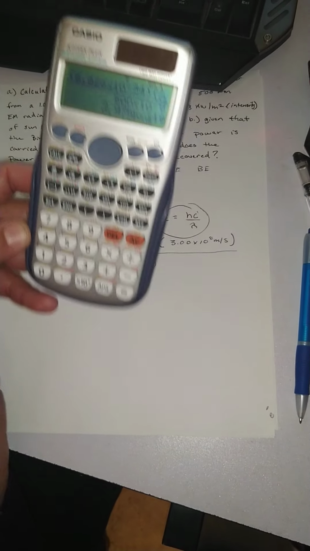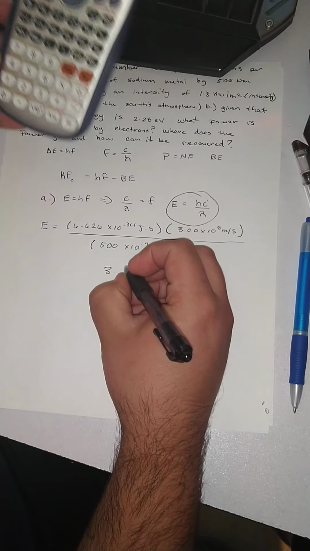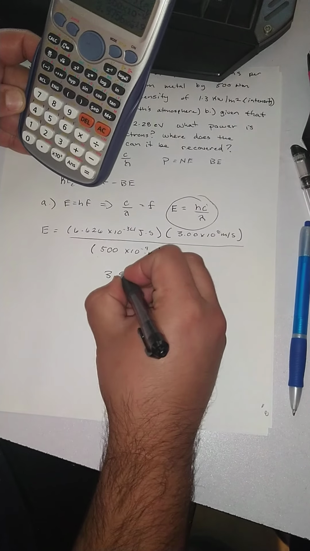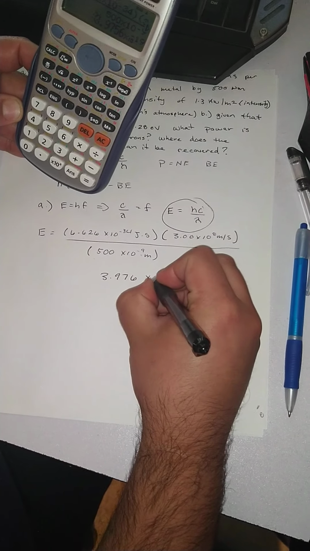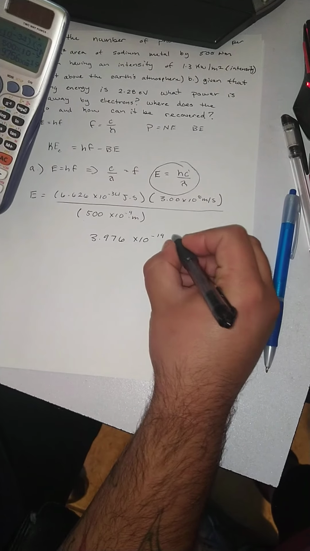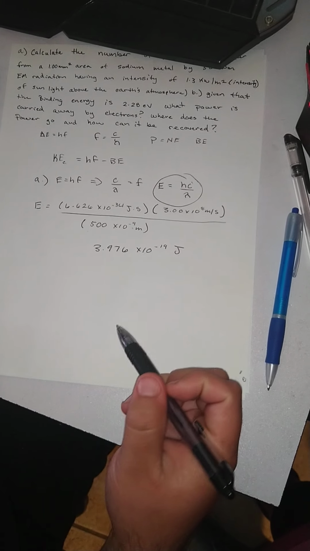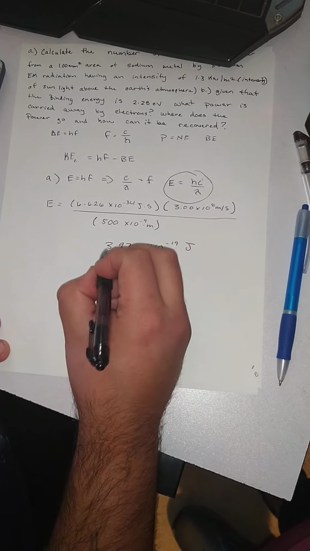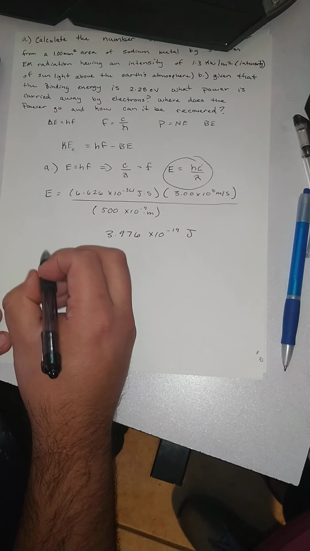And then we're going to get an answer of 3.976 times 10 to the negative 19 joules. Okay, that was just for part A. So not that much energy. As you can see, it's a very small amount, but still quite a bit.